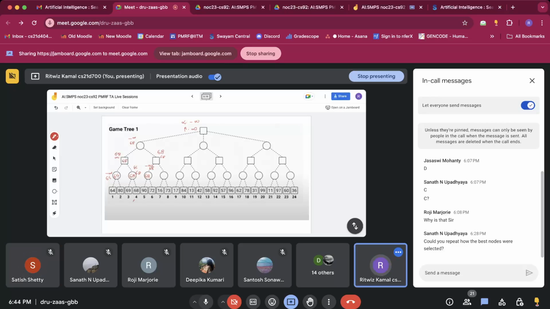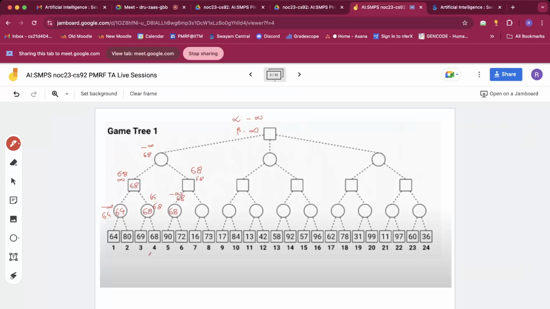We haven't yet filled in this particular min node with 68 value, but because in this set alpha is equal to beta, the cutoff condition has been met, which is that alpha has to be greater than or equal to beta. Whenever this situation occurs, we will make a cut. Here we see that alpha is equal to beta, so we will do a cut, and we will cut this part of the game tree.